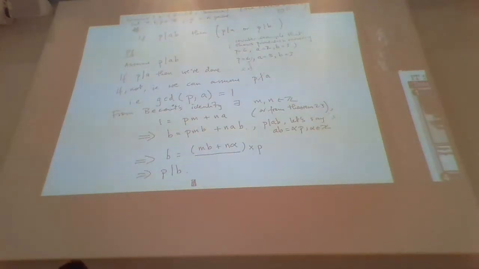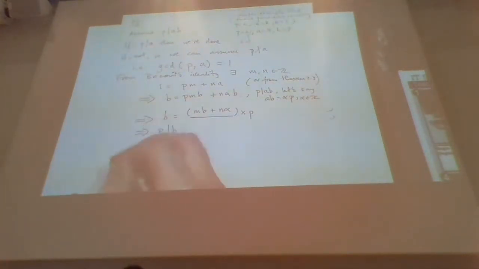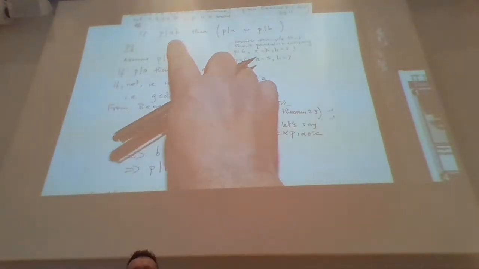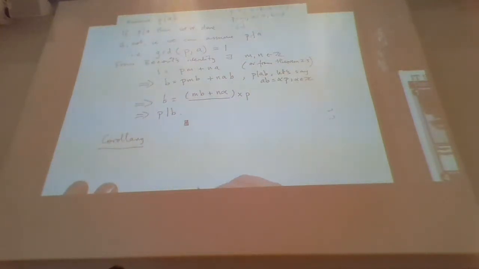Okay, so with that knowledge, we can prove our fundamental theorem of arithmetic. And we can say as a corollary to this, this refers to products of 2 numbers, but by extension, you can extend the argument to products of any number.